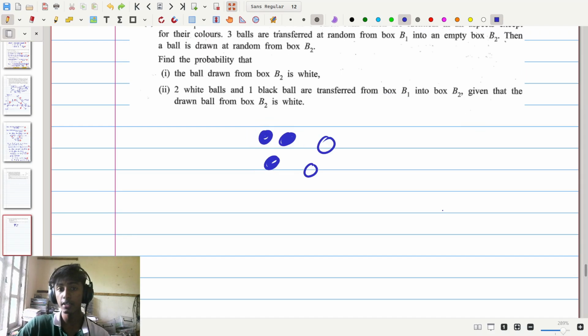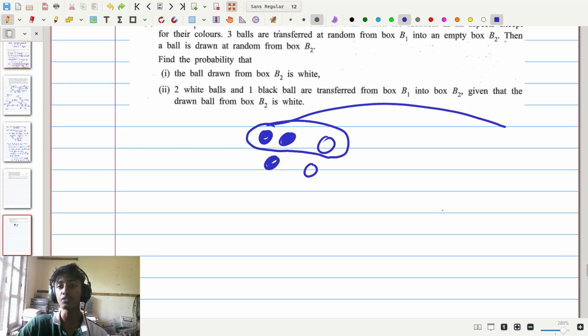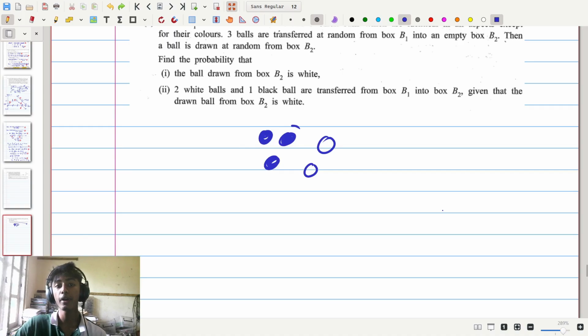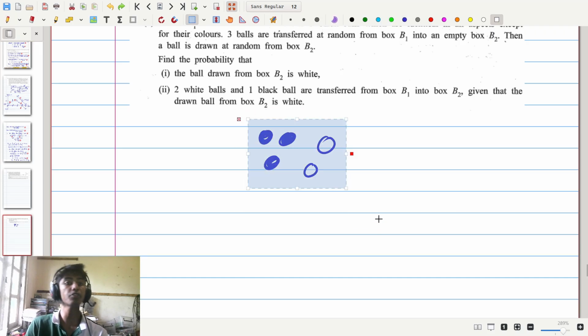Another possibility is that we took 2 black balls and 1 white ball. Another possibility is that we took 1 black ball only and 2 white balls. It should be noted, we cannot transfer 3 white balls into box B2 since we don't have 3 white balls. So we have 3 events: either transferring 3 black balls, 2 black balls and 1 white ball, or 1 black ball and 2 white balls.